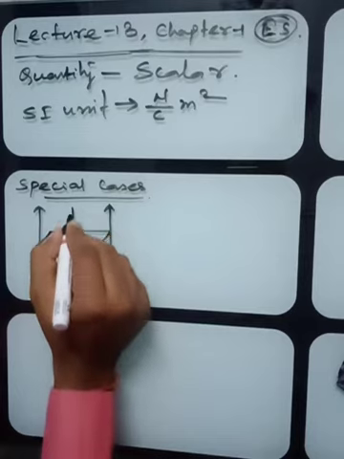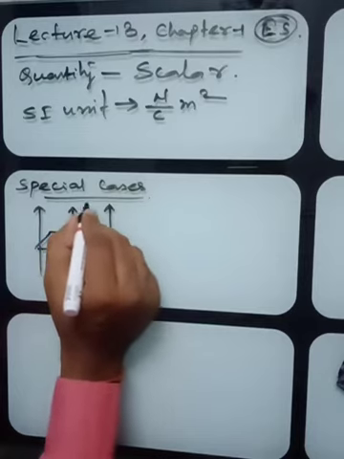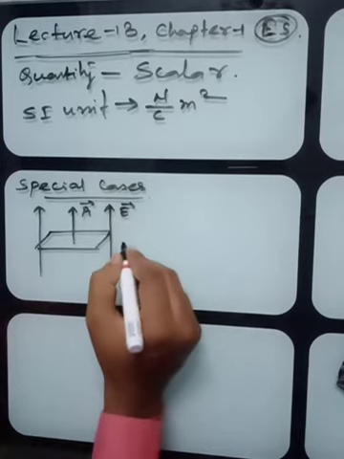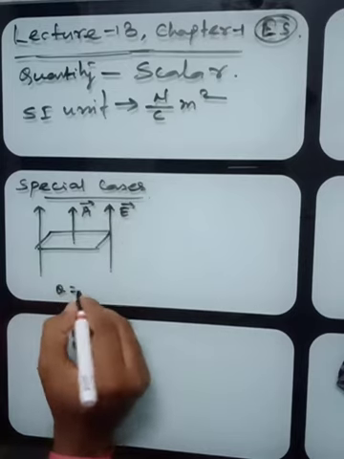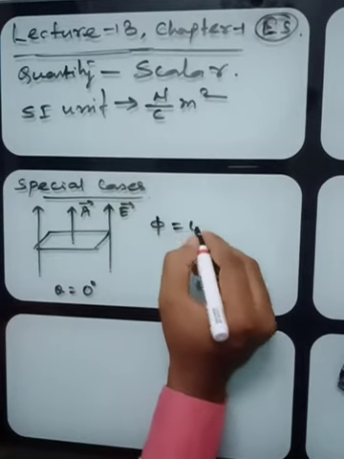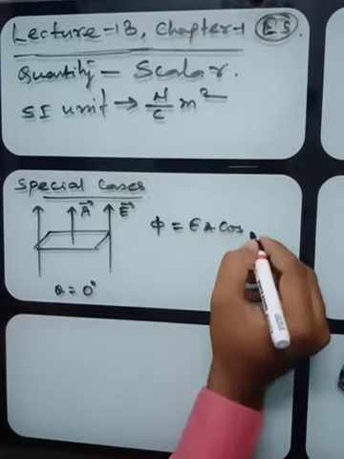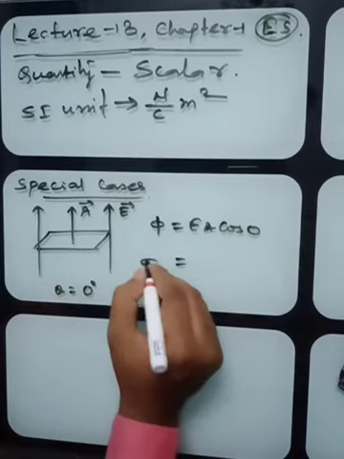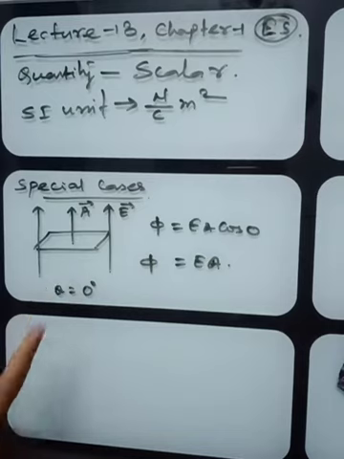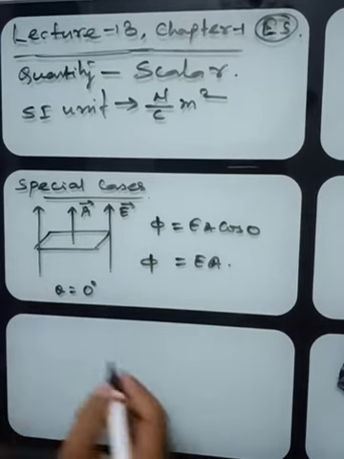If this is the plate area A, and this is the electric field, what will be theta over here? Theta is how much? 0 degree. Then the flux will be E A cosine 0, and this flux will be E times A. Of course, this plate is capable of stopping the maximum flux.